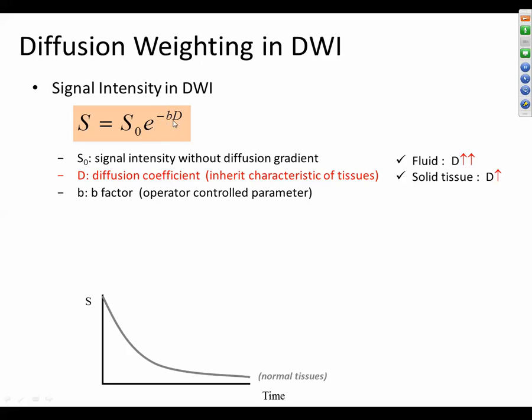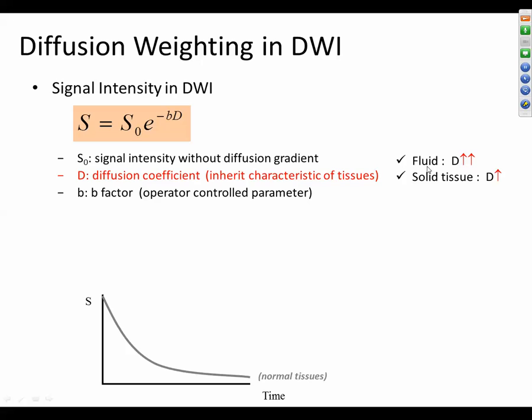Just now we looked at B, an operator-controlled parameter. Now we look at the D, this big D. This is called diffusivity or diffusion coefficient, or later on we can call it ADC. That's the same thing: ADC or D, diffusivity or diffusion coefficient. That's basically an intrinsic characteristic of tissue.